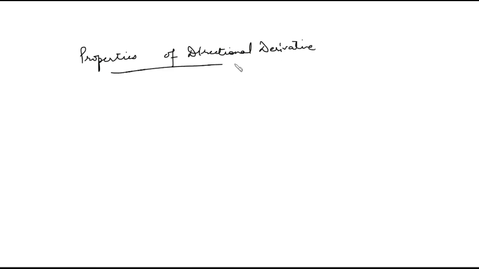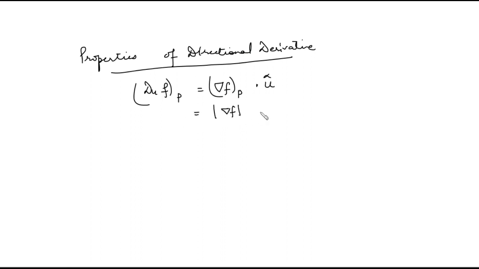Now the next is the properties of the directional derivative. Since the directional derivative of the function at a point is the dot product of the gradient of f and the unit vector, we can write this as mod of del f.